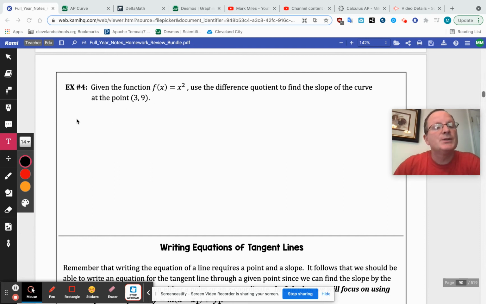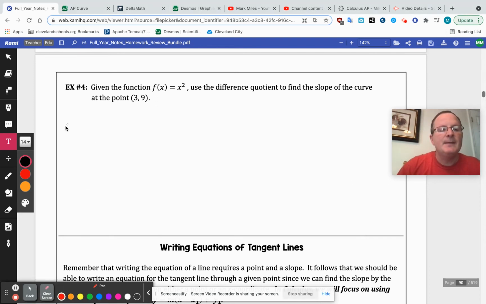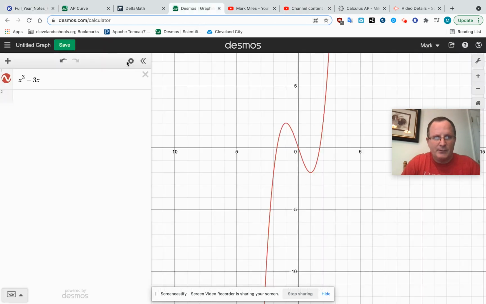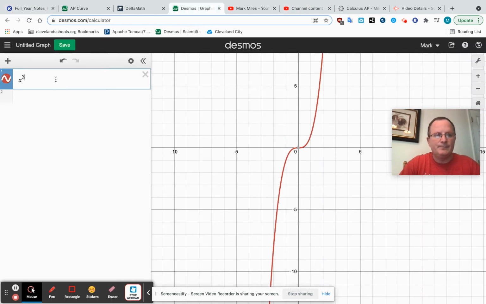And f prime of a, with a being a particular value, 3, and we'll deal with the 3 at the very end. For right now, I'm going to say that we are trying to find f prime of a, the slope of the tangent line to the curve of x squared when x is equal to 3. Let's go over to Desmos real quick and take a look at that.